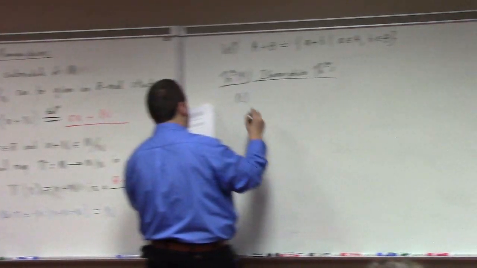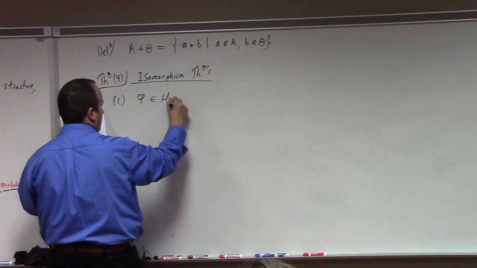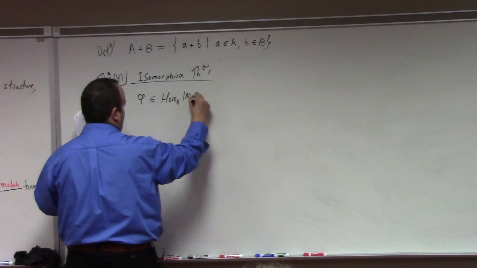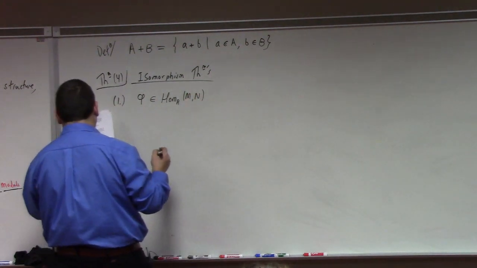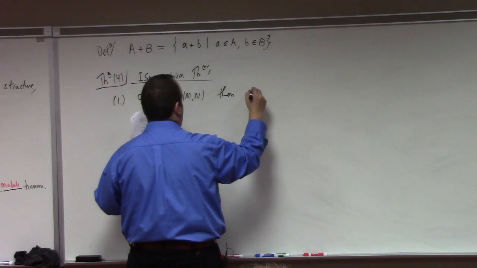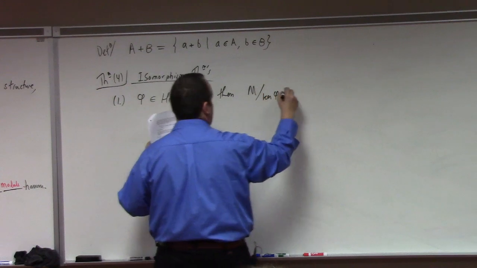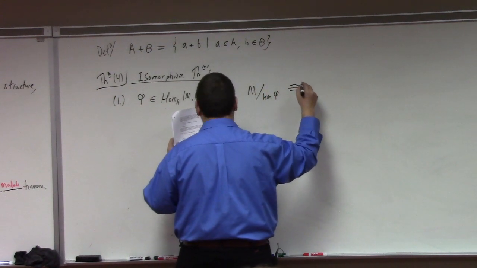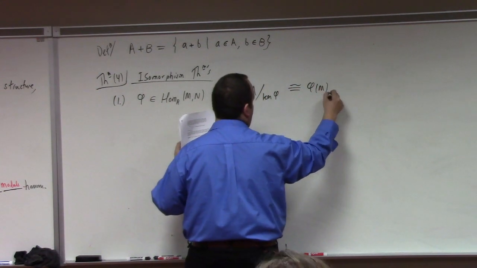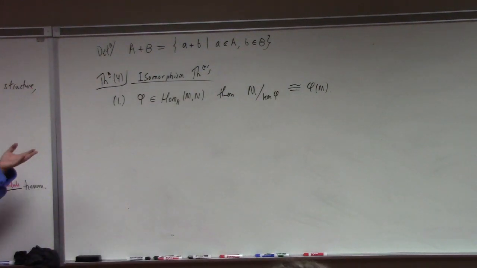It says if you have phi, an R-module homomorphism from M to N, then M mod the kernel of phi is isomorphic to phi of M. He also has recorded here the fact that the kernel of phi is a submodule. That's stated in the book as well.